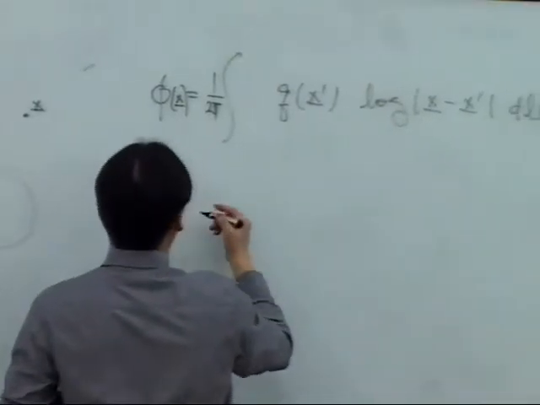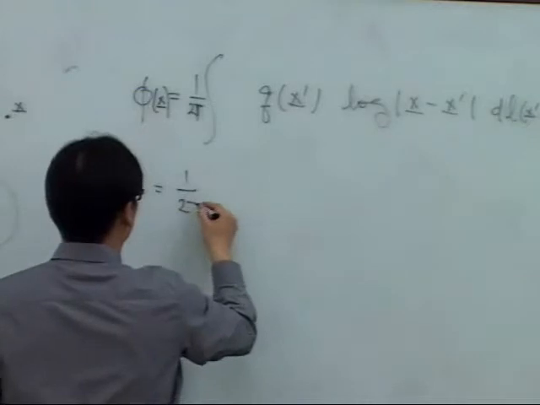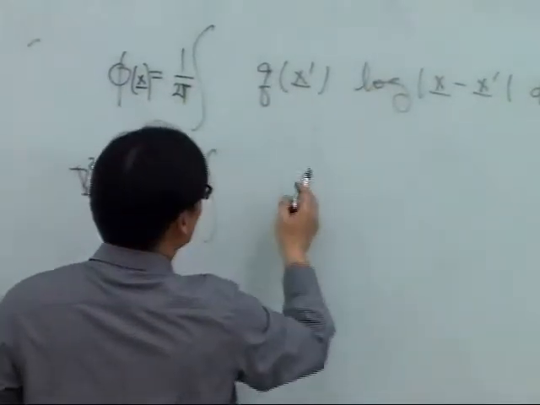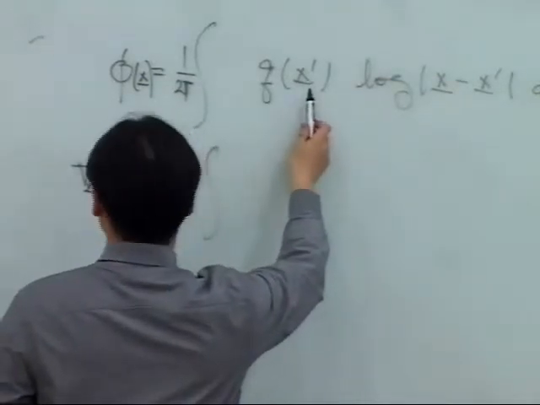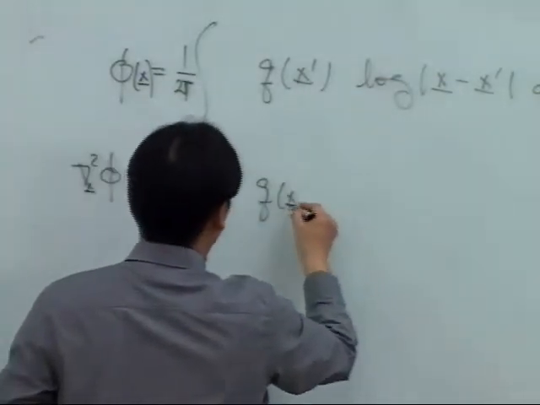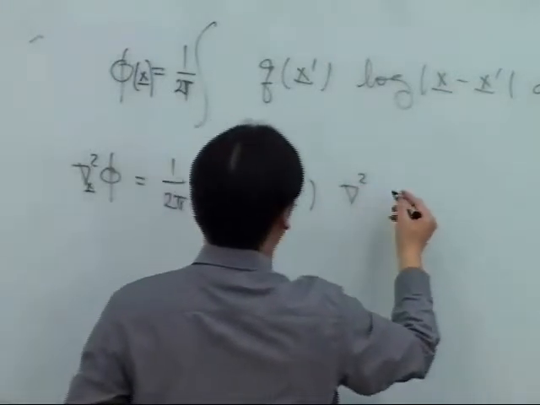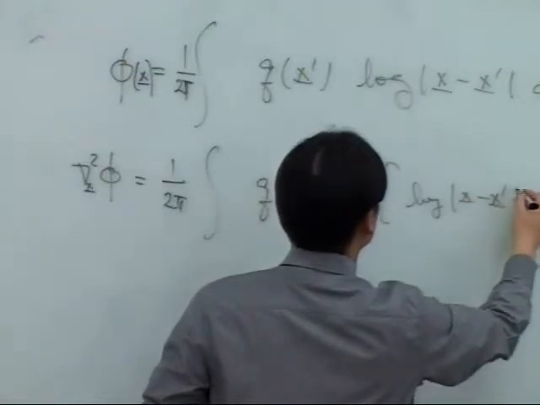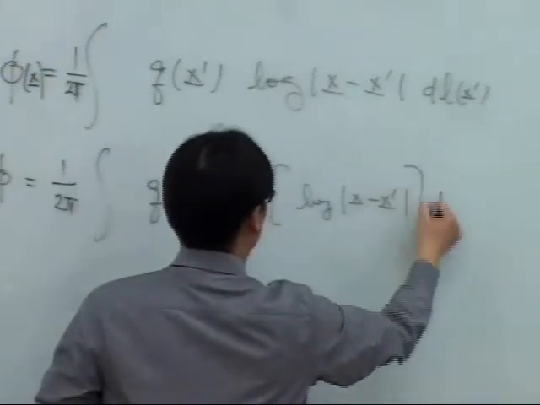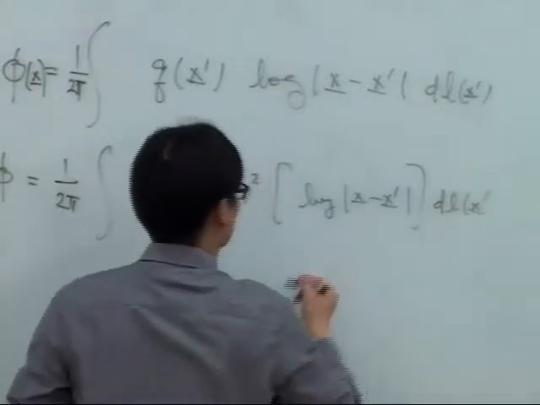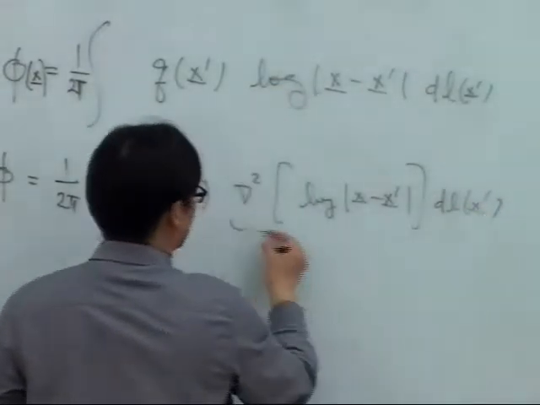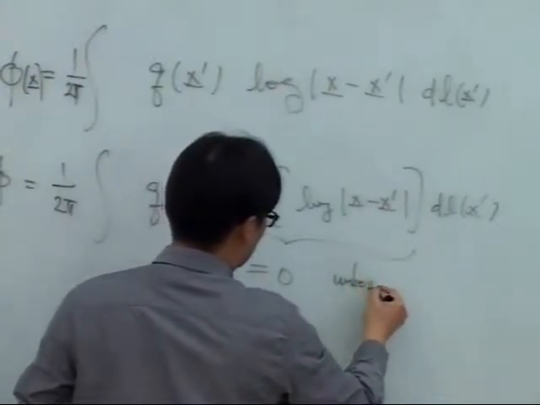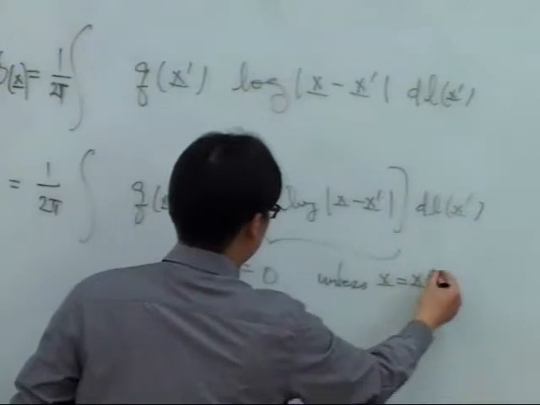And when you do that, then this Laplacian doesn't affect this, because it depends on only x prime. And then we have, okay, and this guy we know is equal to 0 unless x equals x prime.